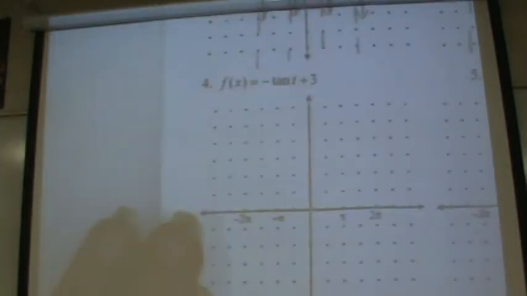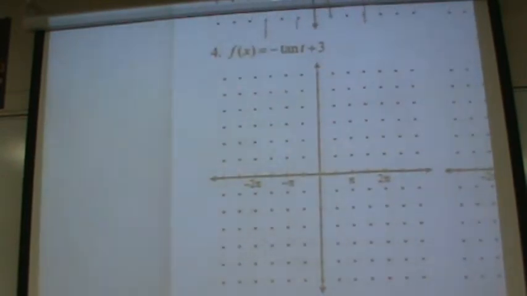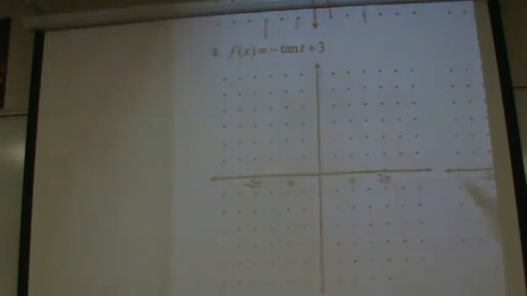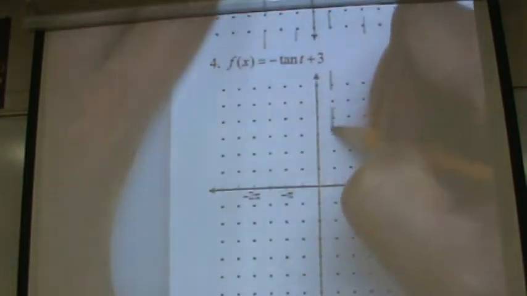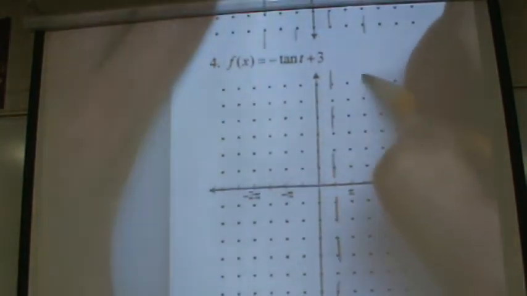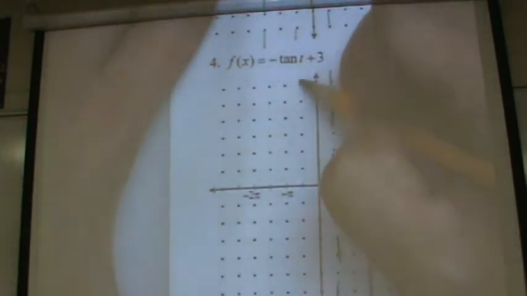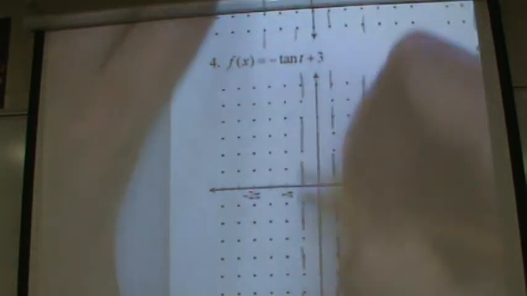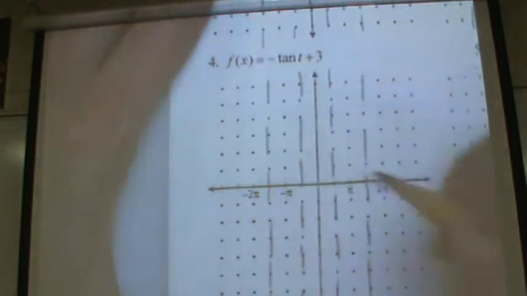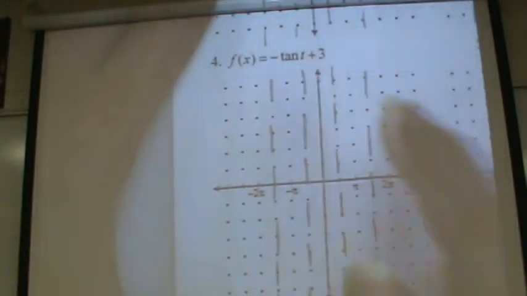Okay, number 4. Where are your asymptotes? It's tangent. Pi over 2, 3 pi over 2, negative pi over 2, negative 3 pi over 2. This is 3 units up.